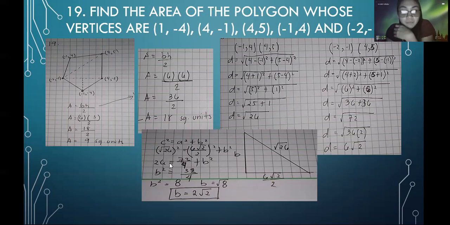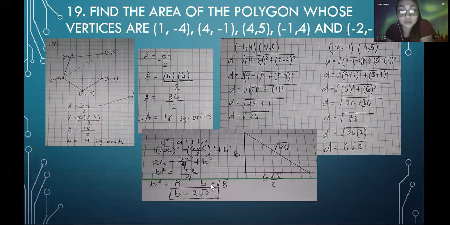So transpose 72 over 4. So it will become b square is equals to 32 over 4. So 32 over 4 is equals to 8. So squaring both sides, the value of b is equals to square root of 8. Then after that, factor square root of 8 will become the square root of 4 times 2.